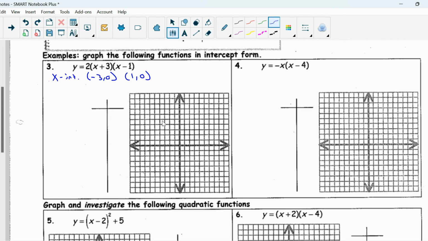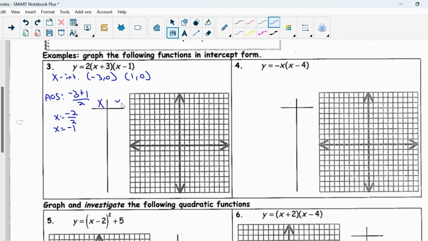Another thing that we know about this form is our axis of symmetry, which is P plus Q divided by 2. So our axis of symmetry, or our AOS, is P plus Q, so -3 plus 1 divided by 2, which would just be -2 divided by 2, or x equals -1. Okay, so we know our axis of symmetry helps us find our vertex.